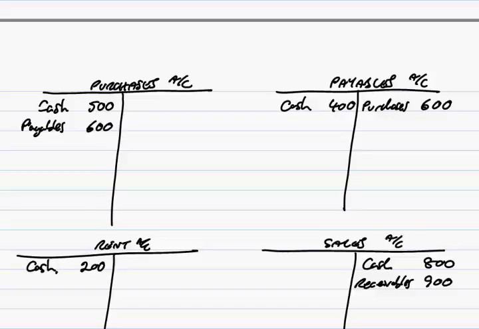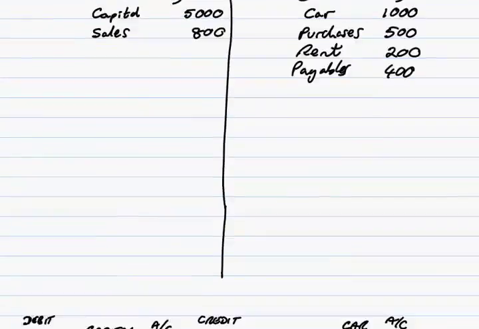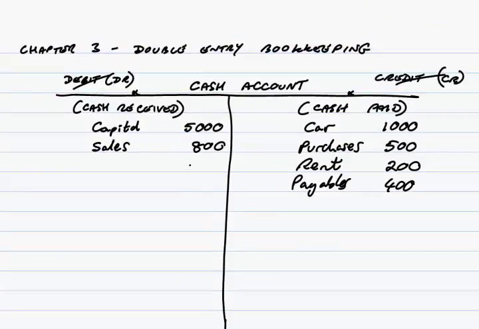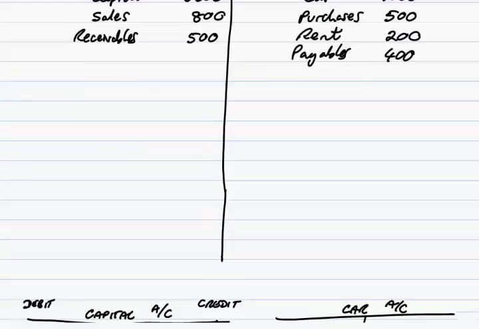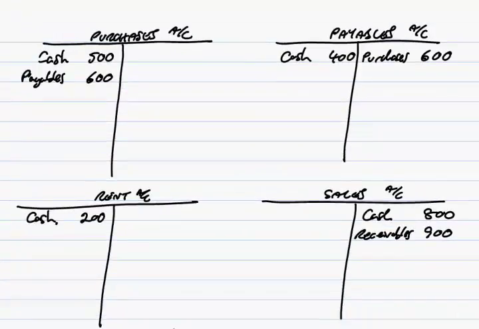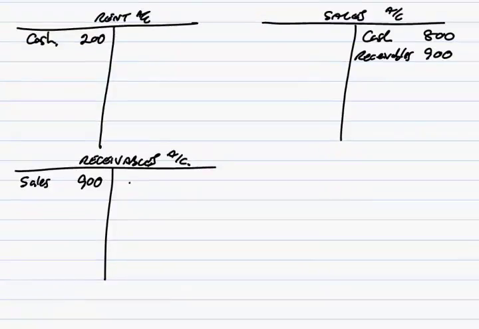I, same thing in reverse. We receive 500 from Mrs. X. Debit cash because we've received money. But again, the money we've received is part of what we were owed, and so credit receivables. Receivables. Here we are.